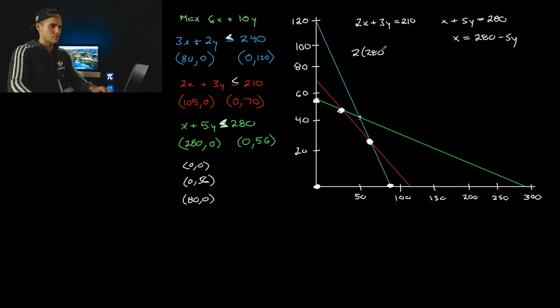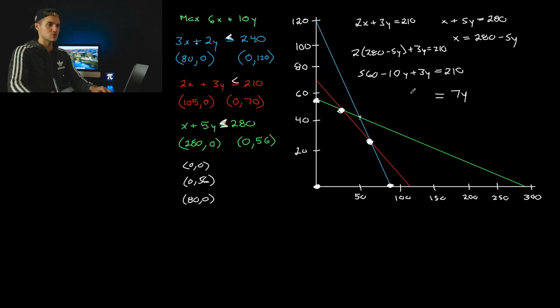So just be careful with your algebra. Plus 3y is equal to 210. This would be what, 560 minus 10y plus 3y is equal to 210. Like that, right? Okay, this is going to be negative 7y. Bring that over, positive 7y.